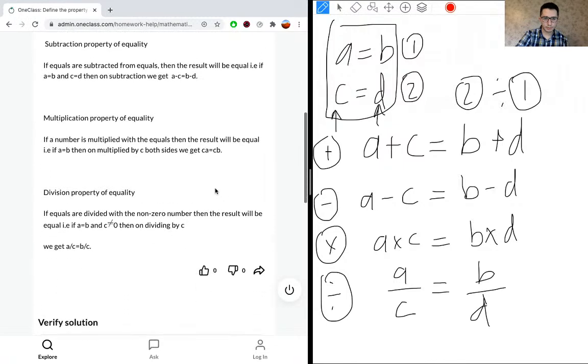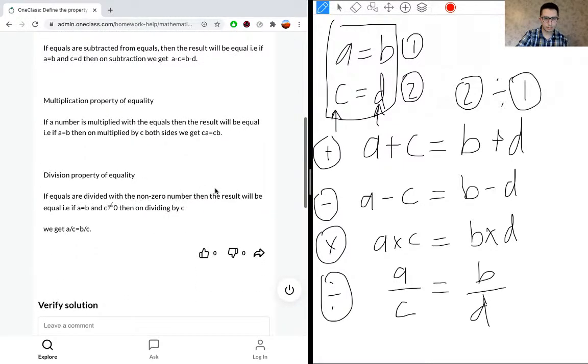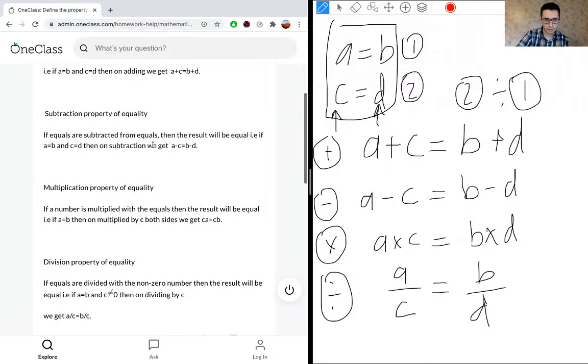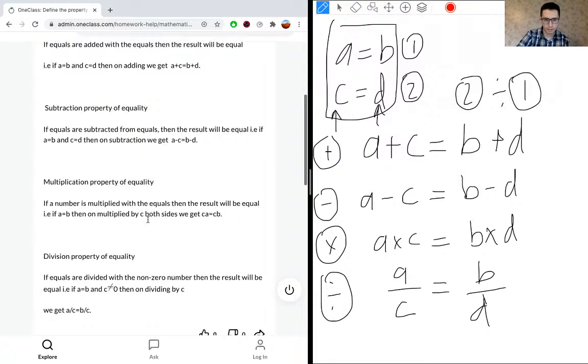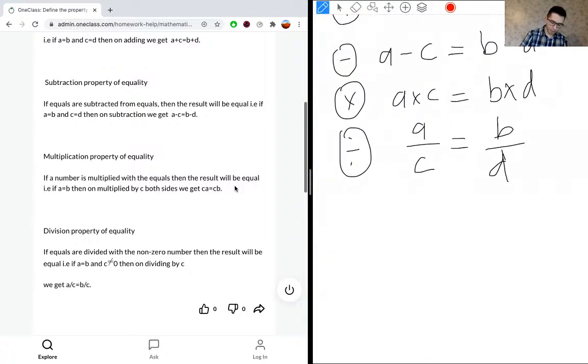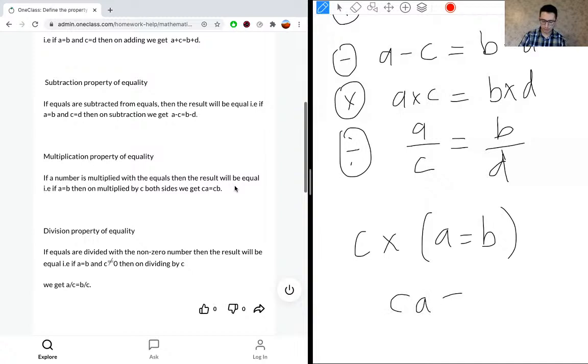Looking at the solution here, they outline subtraction, and the emphasis here is on multiplying by a constant. If you multiply A equals B by a constant C, you would get CA equals CB.